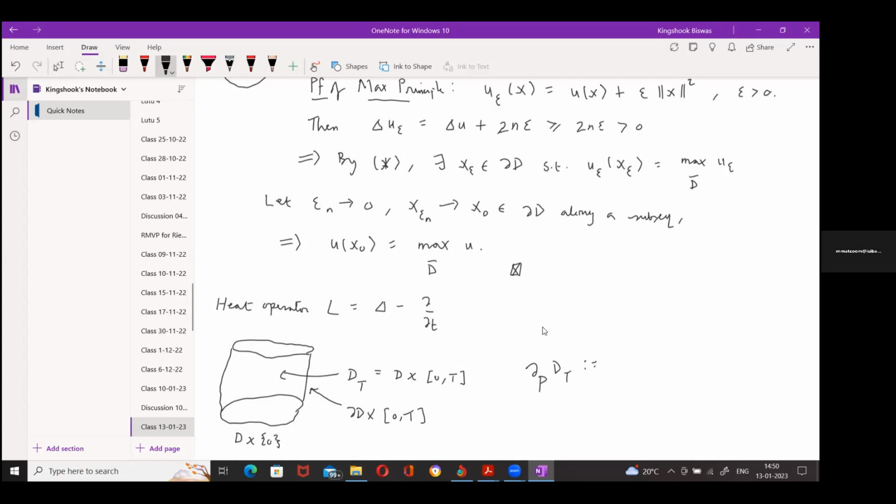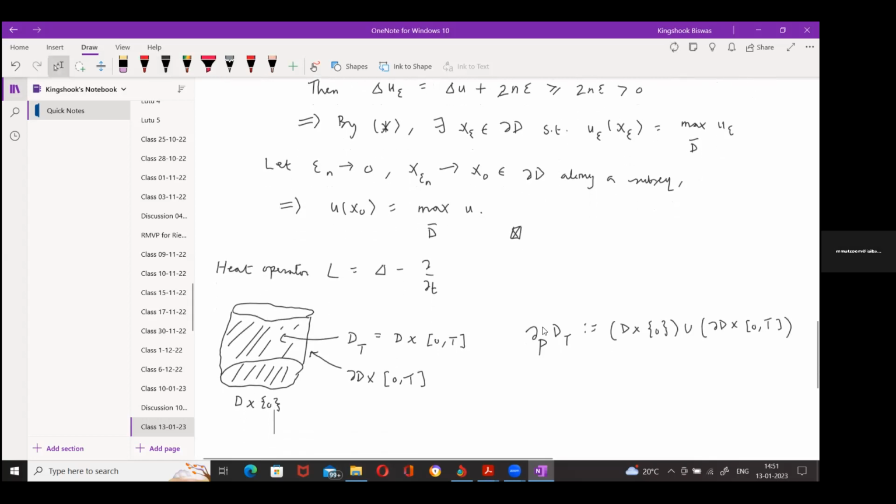This is defined to be D cross {0} union the vertical sides, boundary D cross (0,T). So the parabolic boundary will be this bottom part and this vertical part, everything except the top boundary.